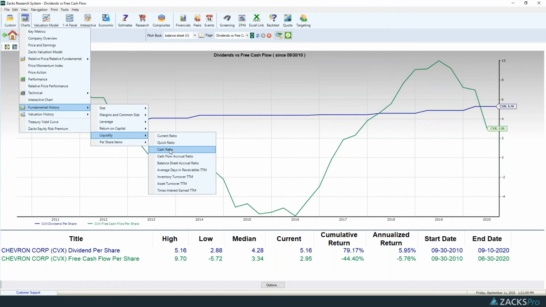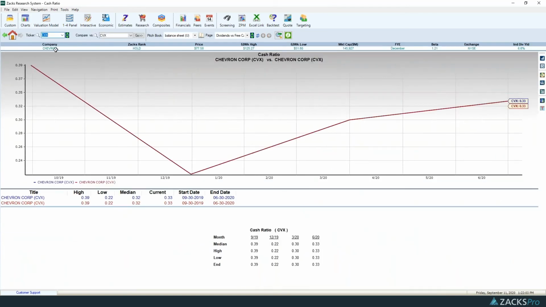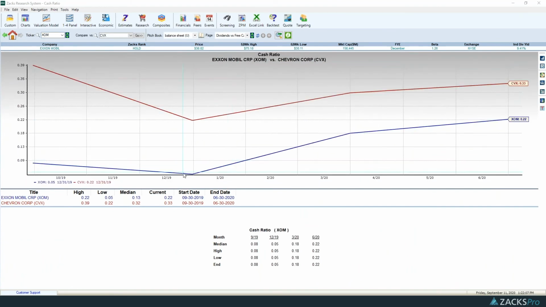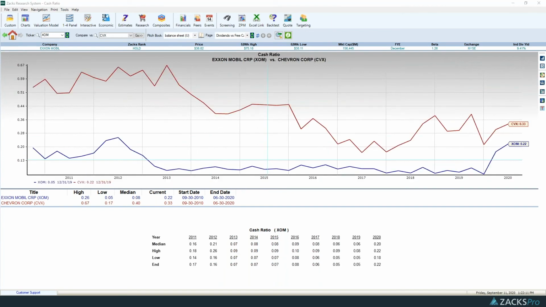So we can go over here to the cash ratio and just look at these two companies side by side, Exxon versus Chevron. And you can see here that there's again a clear distinction between the two. If I were to just put a 10-year chart of this, you can see that Exxon has really depleted their balance sheet heading into the COVID recession.